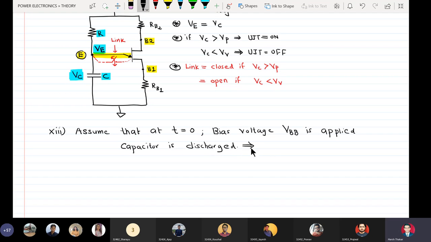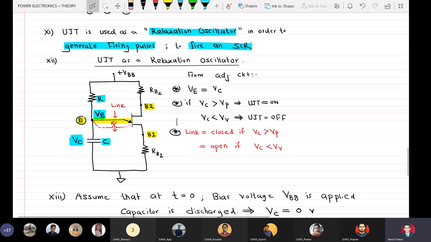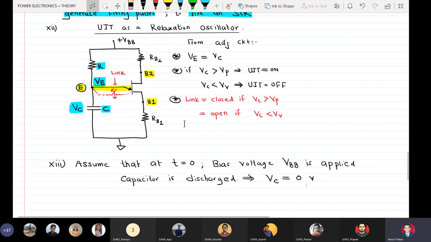When I say the capacitor is discharged, the capacitor voltage is equal to 0 volt. So at t equal to 0 I have applied the bias voltage VBB to the circuit shown, and I am assuming that the capacitor C is fully discharged, that is, the capacitor voltage is equal to 0.